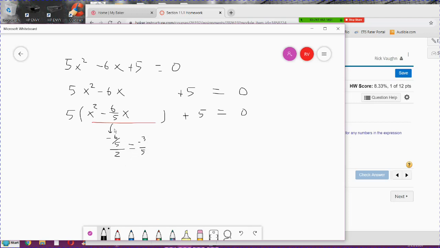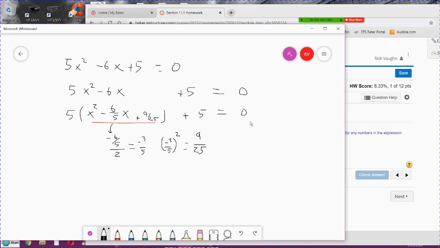And now that number, that b divided by 2, gets squared. So that gives me 9 over 25. And that's what gets added here in order to complete the square, the perfect square trinomial. I'm going to add 9 over 25.